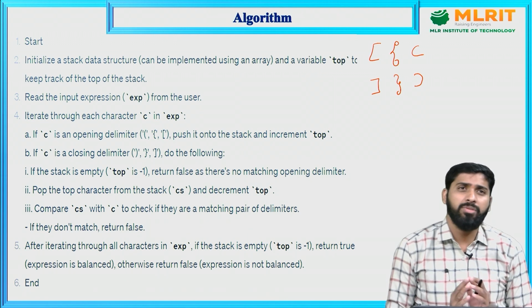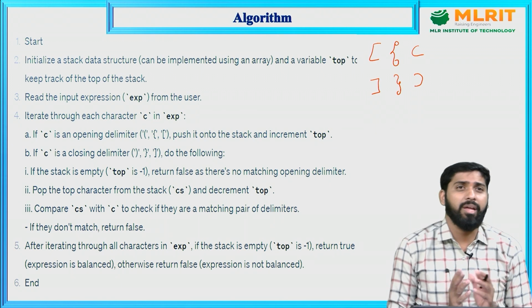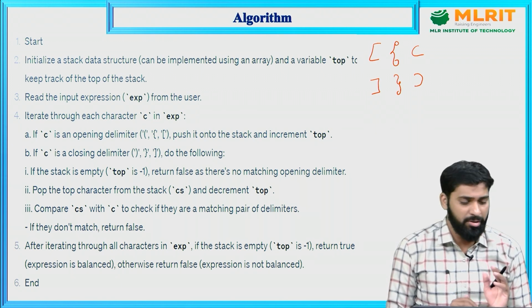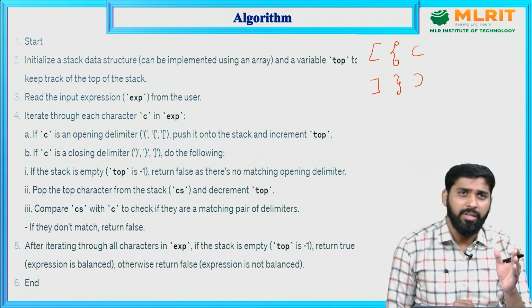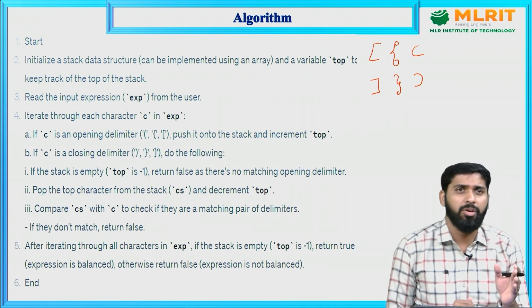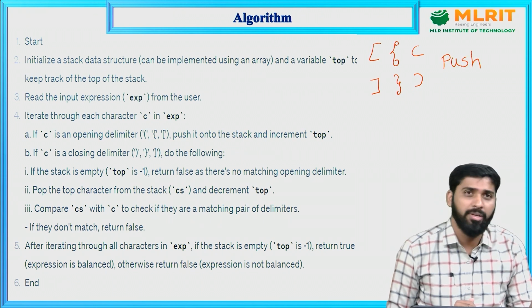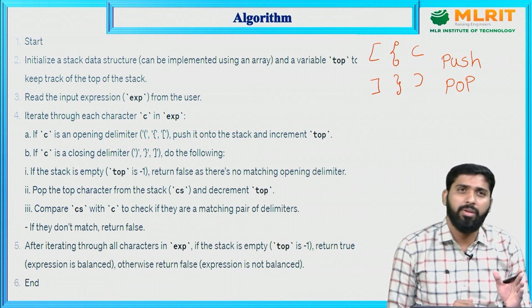Now by using a stack we determine whether the given expression is balanced or unbalanced. How? Remember only 2 points. If the encountered character is an open bracket, then you push it. In the previous class we learned about stack operations. There are 2 operations: one is push, another is pop. Simple algorithm.